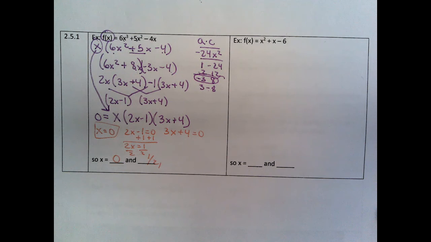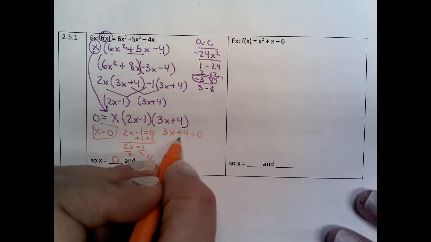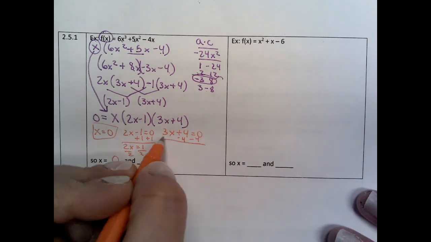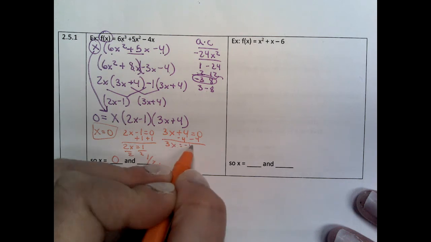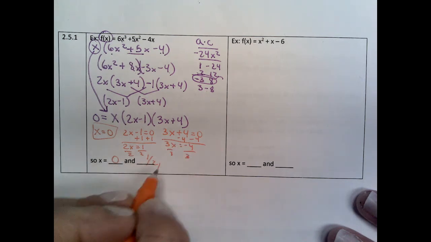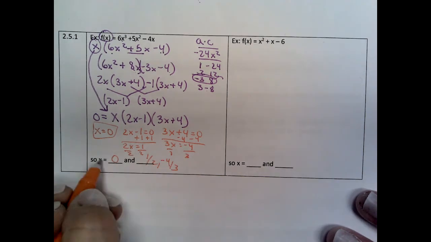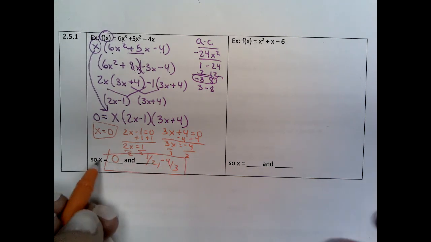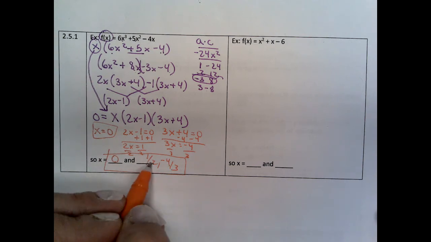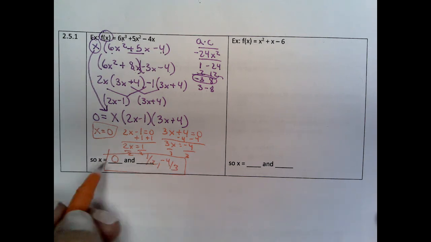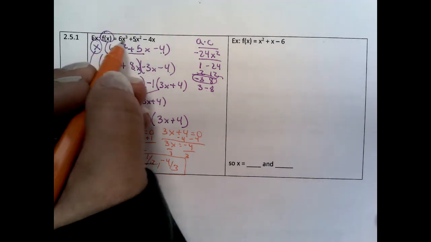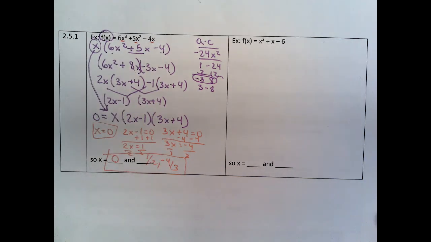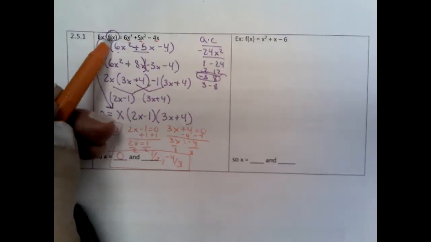For the last one, subtract 4 from both sides, and I get 3x equals negative 4, and divide by 3, so negative 4/3. So I actually have 3 answers here. x could be 0, 1/2, or negative 4/3. And if I plug any of those numbers back in for x, I'm going to get 0 as my final answer.